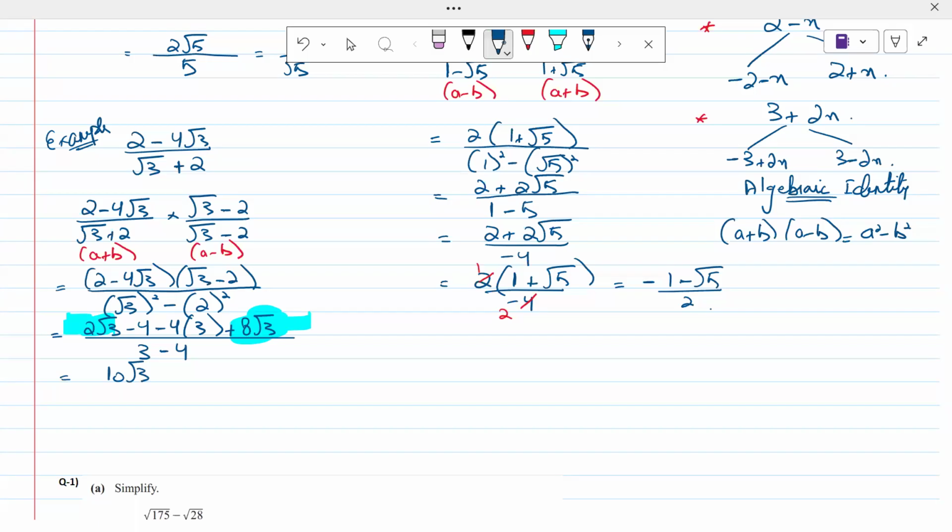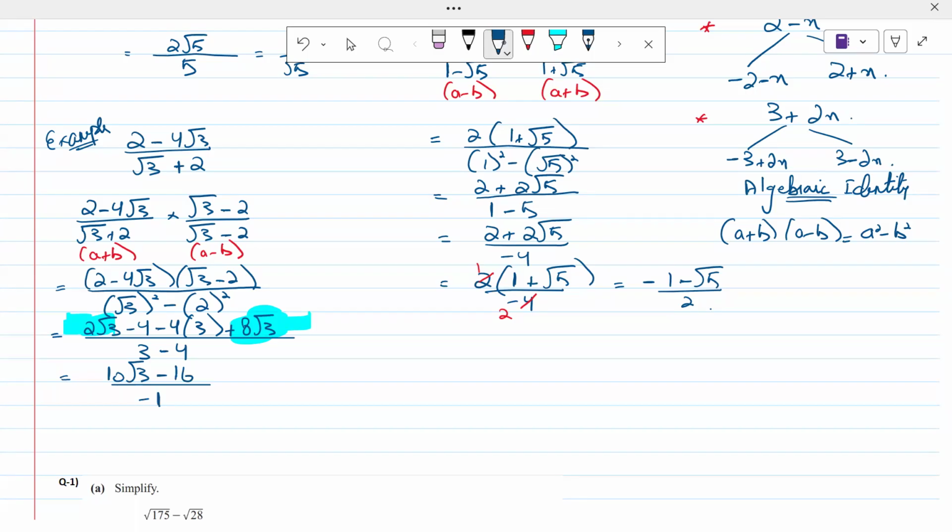And then minus 4 and minus 4 into 3, that's a minus 12. So minus 4 minus 12 would be a minus 16 upon 3 minus 4, which is a minus 1.